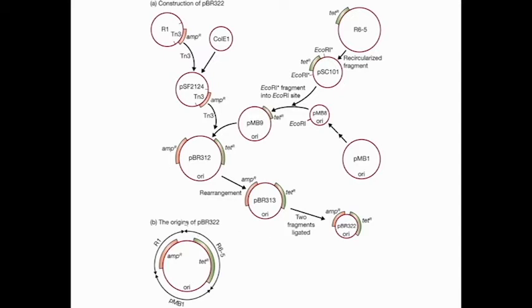So pBR322 has the ampicillin resistance gene from R1, tetracycline from R6-5, and the origin of replication pMB1. From these different vectors, they made this hybrid, pBR322.